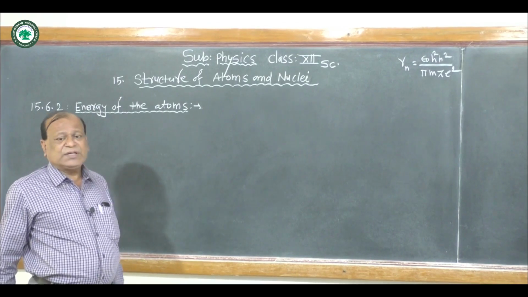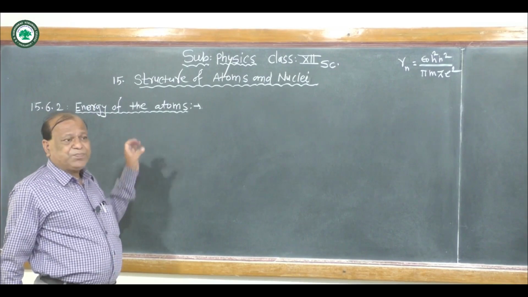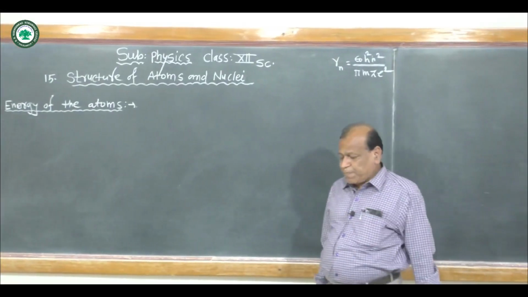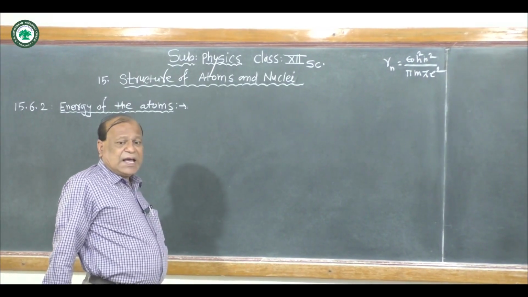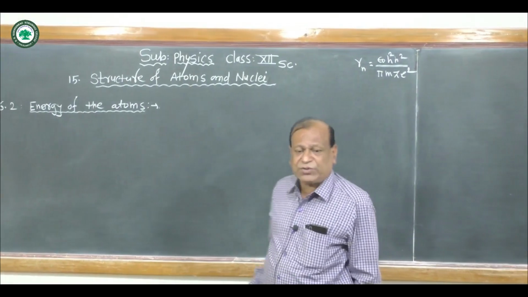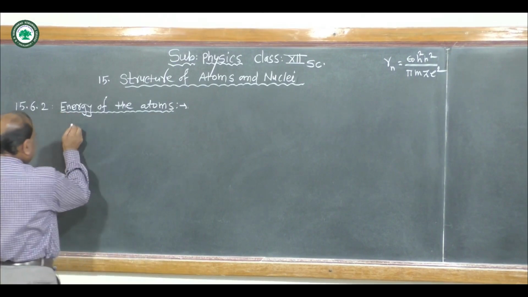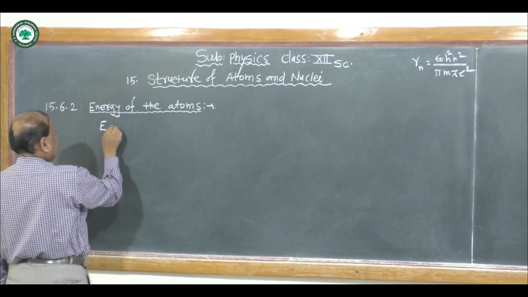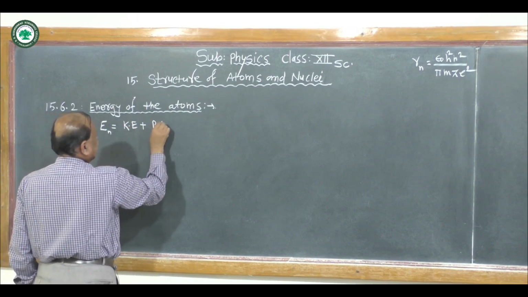The total energy of the revolving electron in that orbit is the sum of its kinetic energy and electrostatic potential energy, and therefore we write that the energy of the nth Bohr's orbit of the atom is equal to kinetic energy plus potential energy.